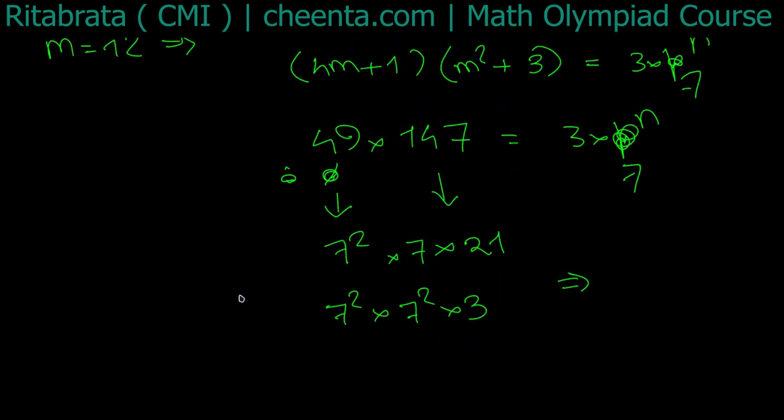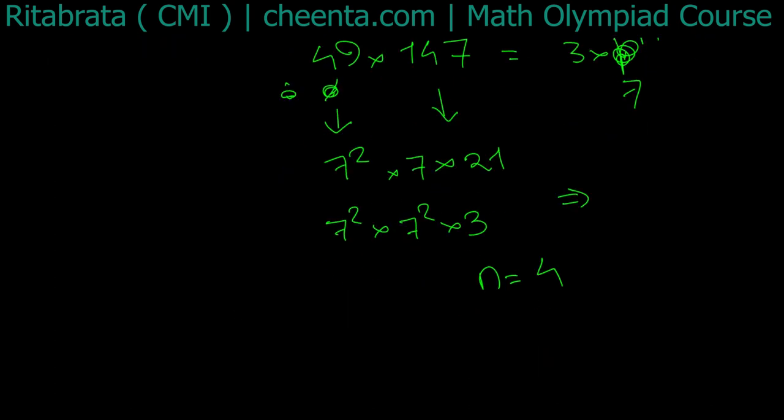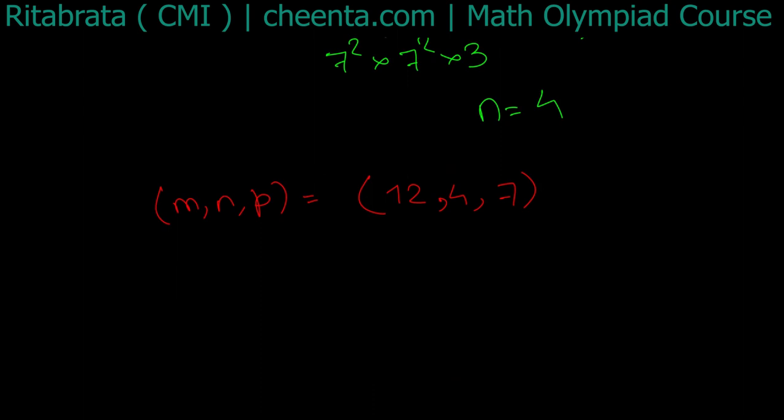So n equal to 4. So my only possible solution is m, n, p: m must be 12, n must be 4, and p must be 7. So this is my only possible solution, 12, 4, 7, and we are done.